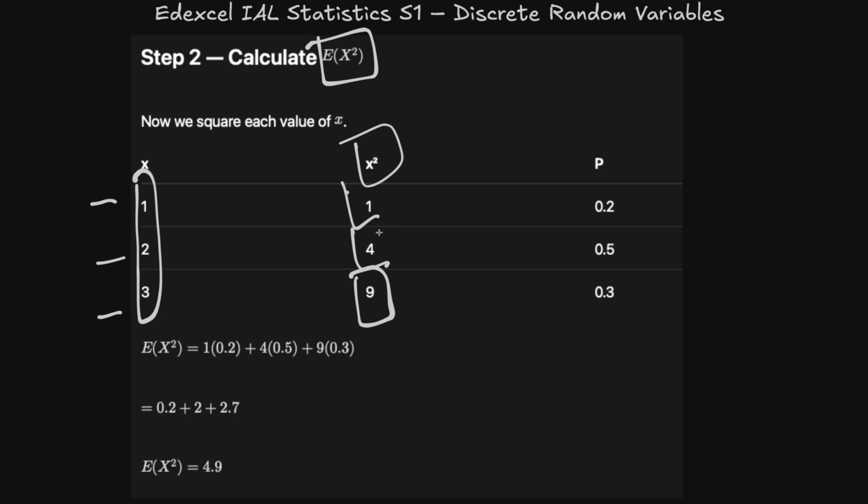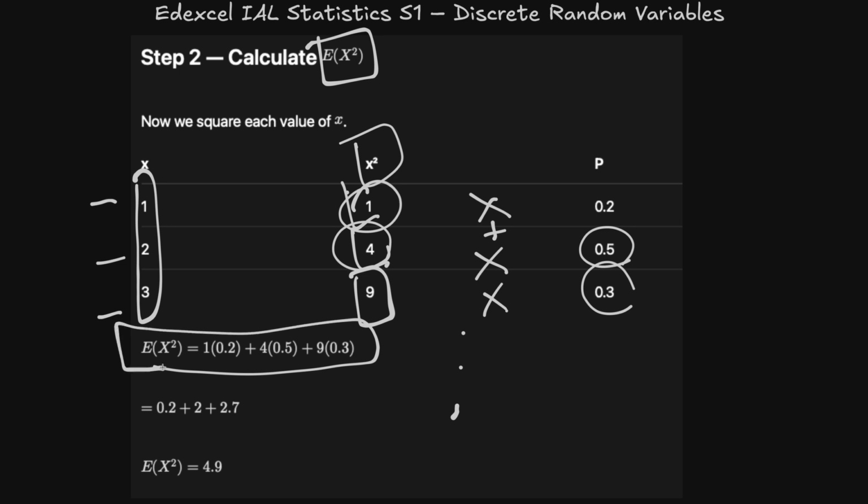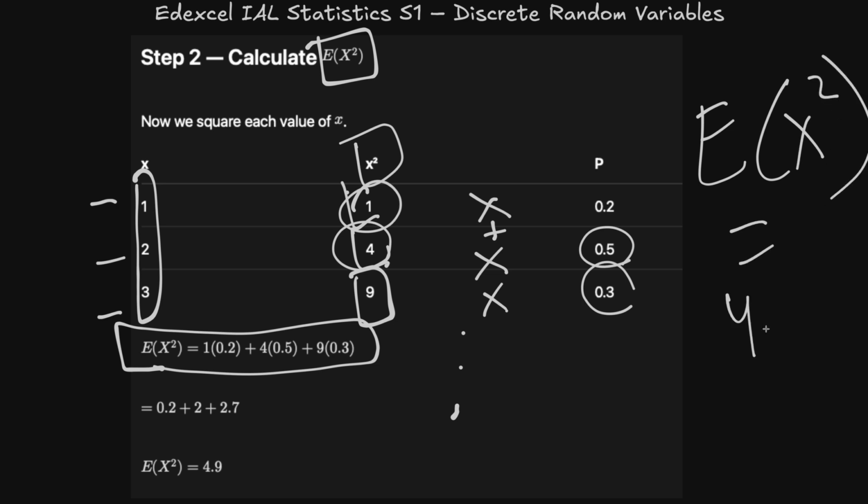So the mean of x squared is basically every value for x squared multiplied by its probability, added to the second value of x squared multiplied by its probability, added to the third value of x squared multiplied by its probability. If we have more values, we're going to keep going on. So if we just plug in this calculation in our calculator, we're going to find out that the mean of x squared is actually equal to 4.9.